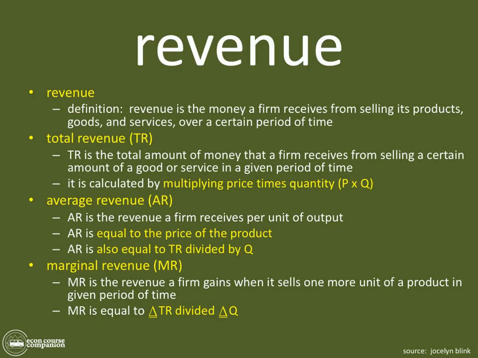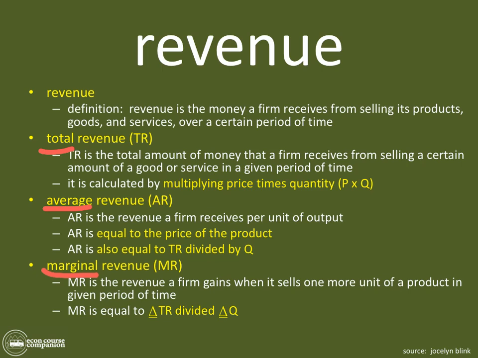So here we go. First of all, some definitions. Revenue, total revenue, average revenue, marginal revenue. Just like I've done in the other videos, I want you to focus on something called total, something called average, and something called marginal. If you're into theory of the firm, you realize this total, average, and marginal thing happens a lot.